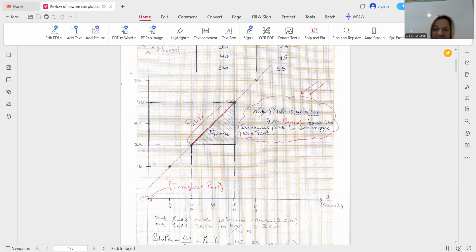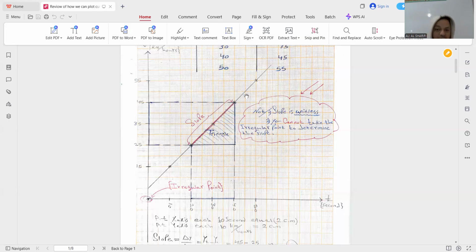You can take a regular point to determine the slope. It's another important note. Here, it's not a condition that all of these 5 points lie on this line. It's not a condition for the line to go through all of these 5 points.